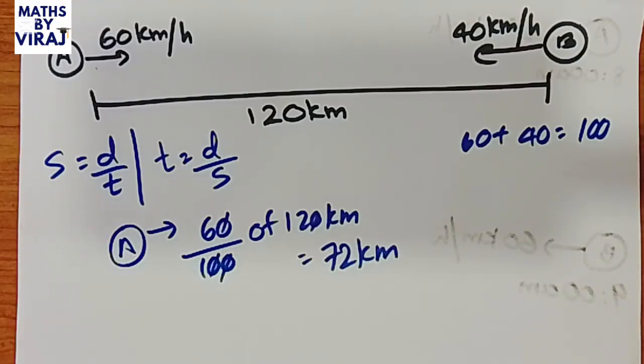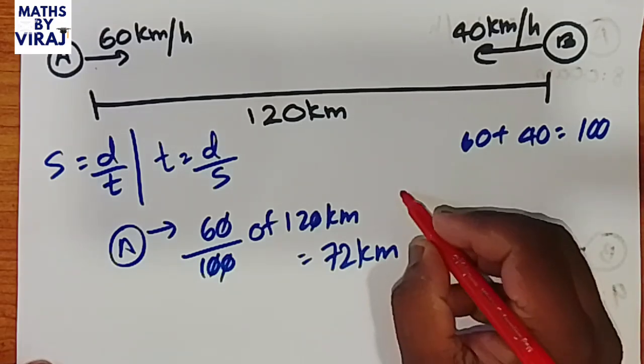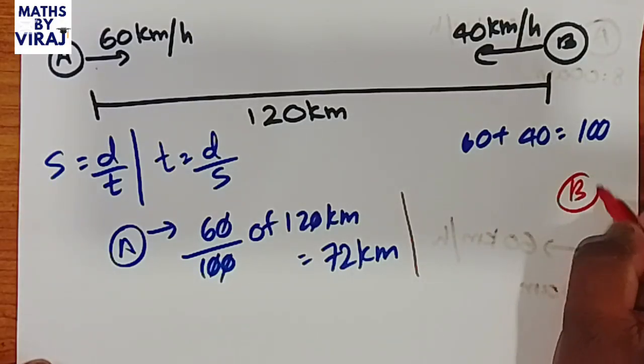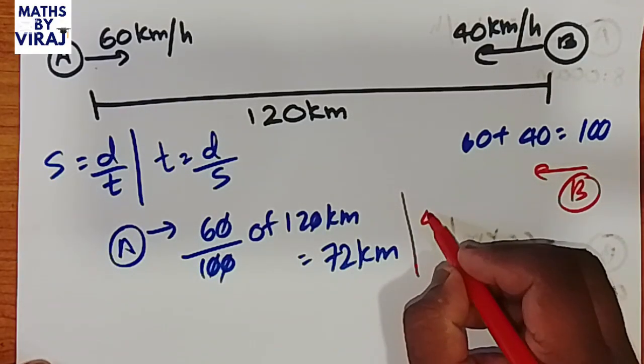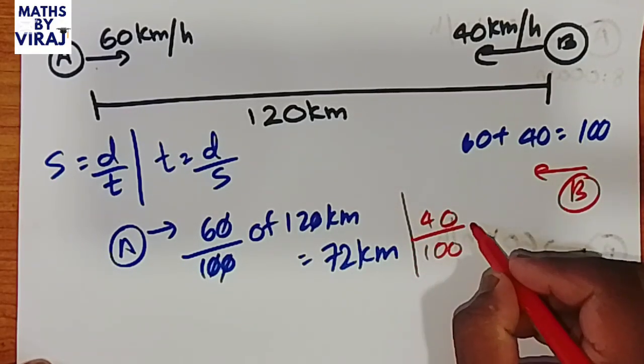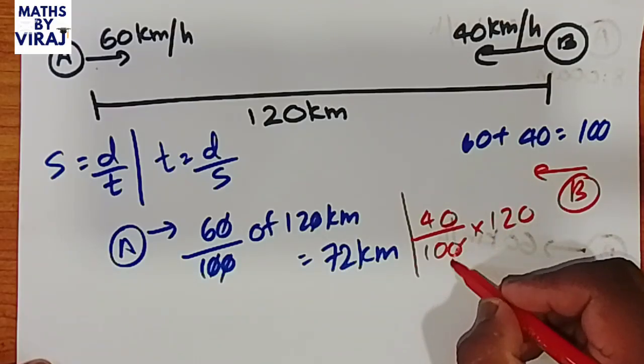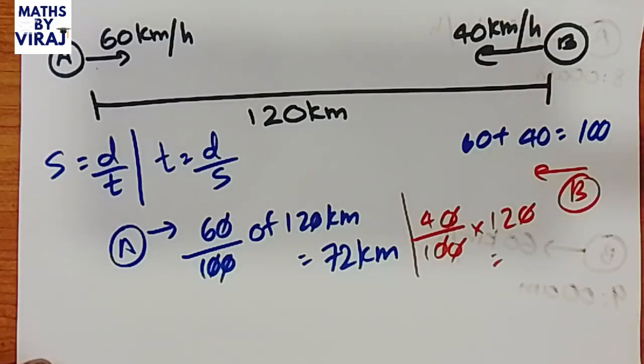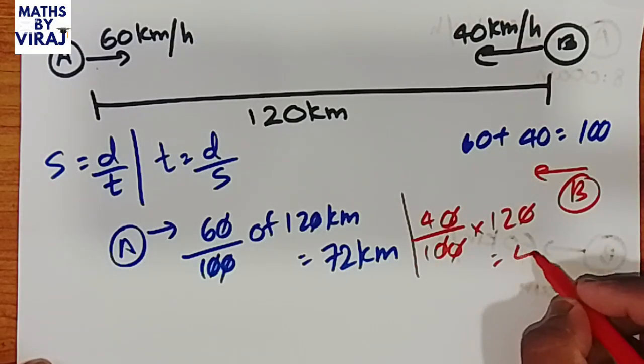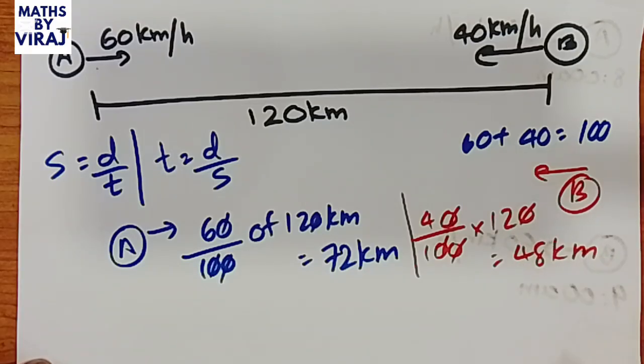So vehicle A has moved a distance of 72 kilometers, while vehicle B has moved, let's see, 40 over 100 into 120. Mathematically, what do we get? 48 kilometers.